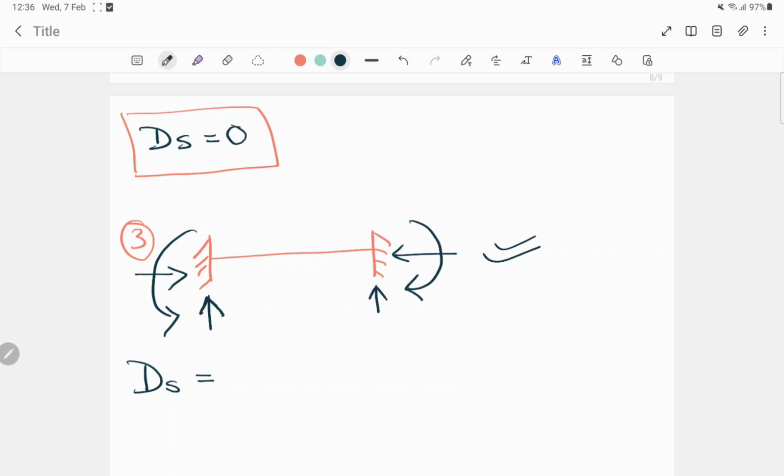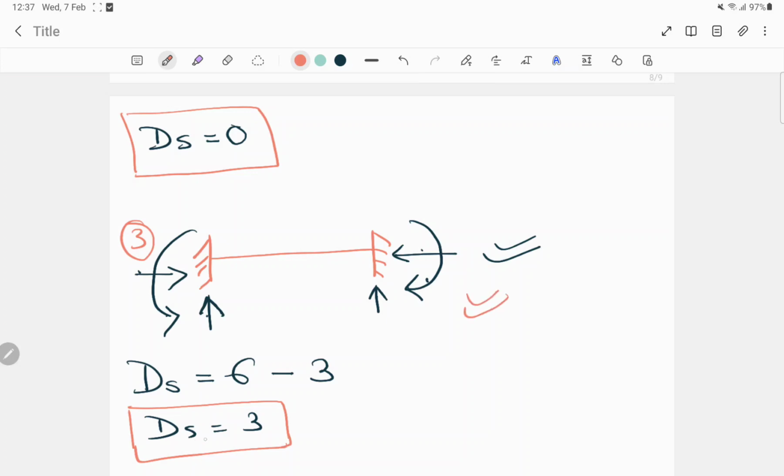The total number of unknown reactions is 1, 2, 3, 4, 5 and 6, so 6 minus 3, the total number of equations of equilibrium. So ds is equal to 3. The degree of static indeterminacy for a fixed beam is 3.